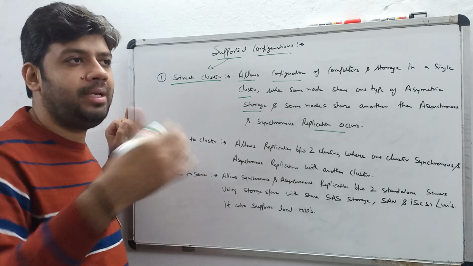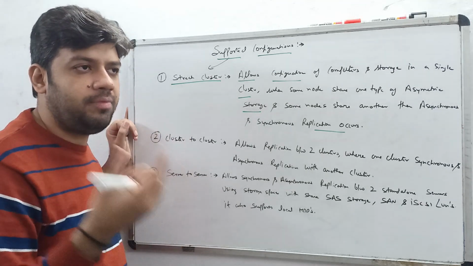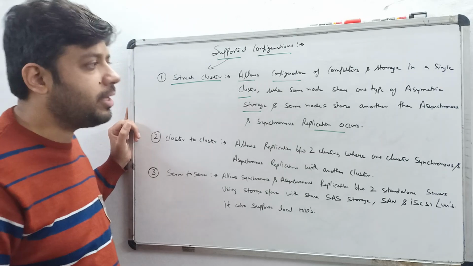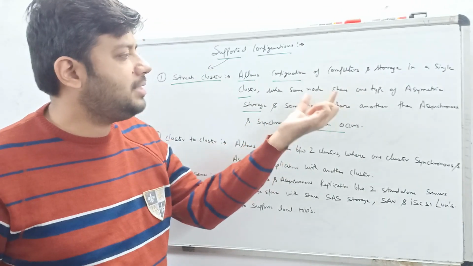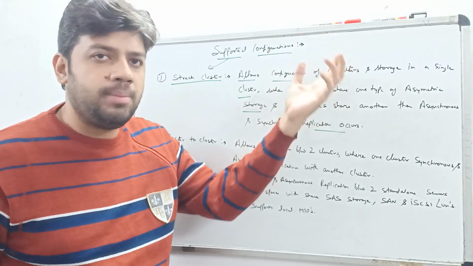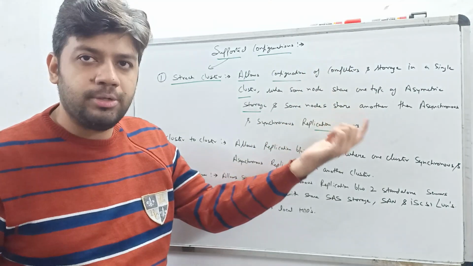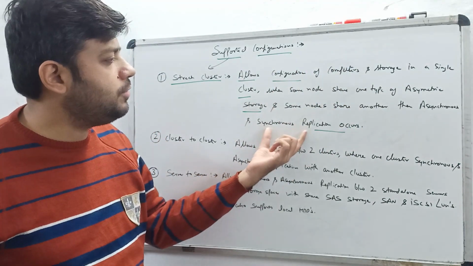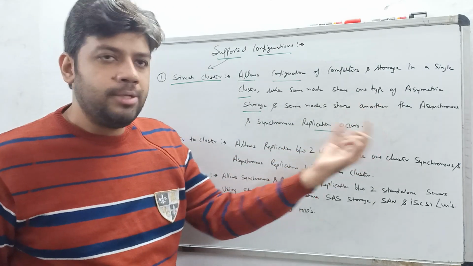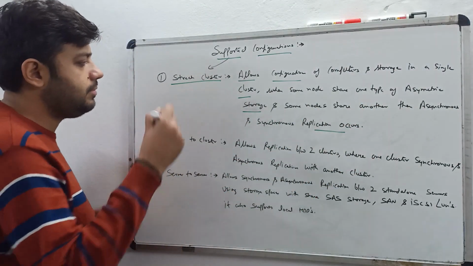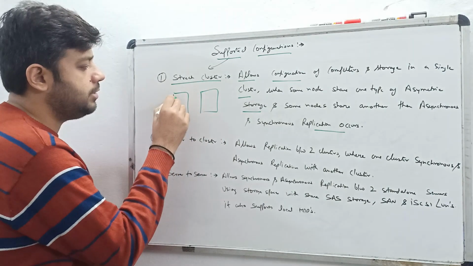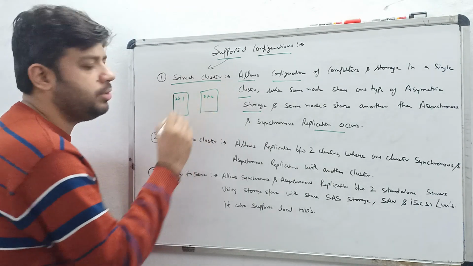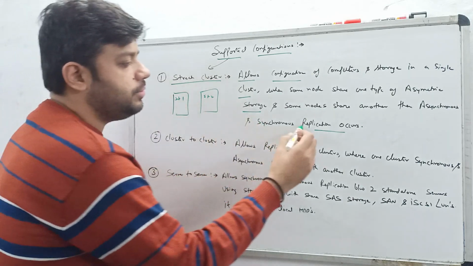We have so many storages in one cluster. In that case, some computers access some storage and some computers access some other storage. In that case also it gives you the replication. If you have 2 storages in one cluster, like this is storage 1 and this is storage 2, it gives you the replication.